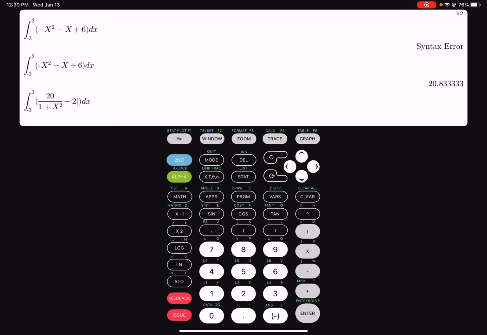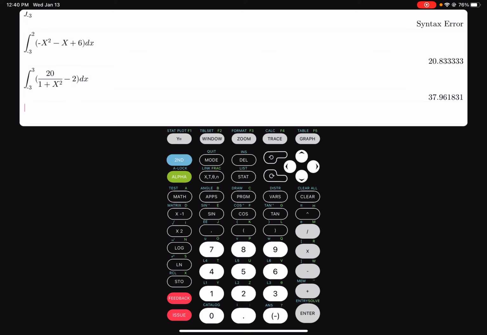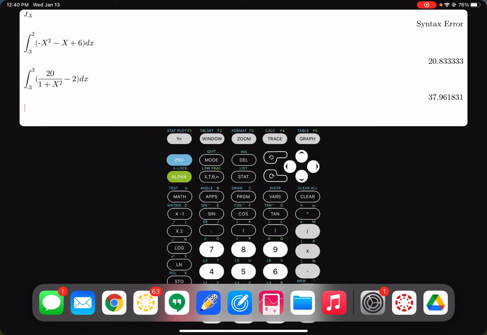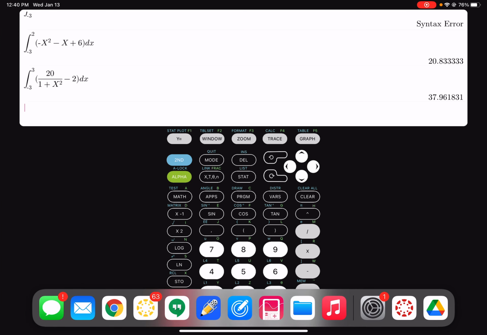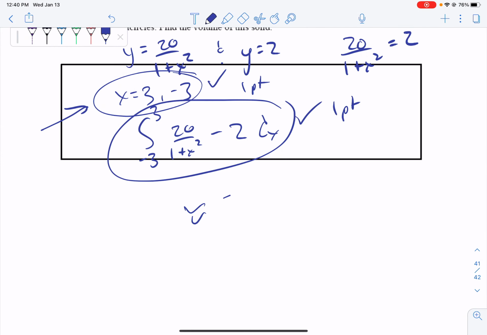And Roman, I'm sorry, when you put that in the calculator, it's going to take a lot more steps for you to do it. But you end up with 37.962, approximately 37.961 or 37.962, because you can either truncate the problem or you can round it. Either way, you would have gotten the right answer, okay? So that would have given you a point.